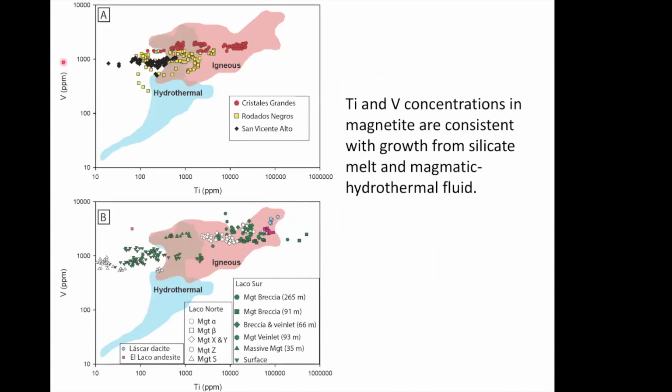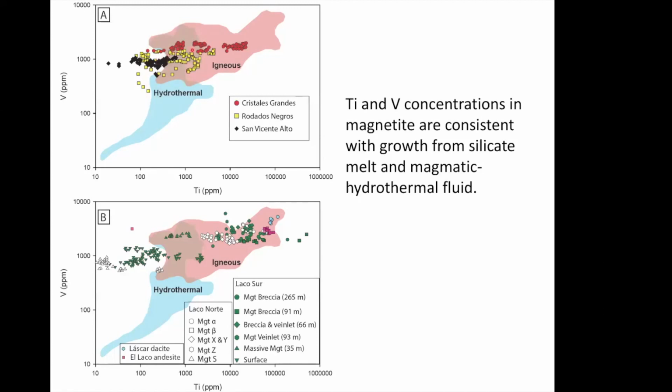Now I'll show you some other trace element plots. Here we've got vanadium versus titanium, and at the top I've got the data for three of the ore bodies. The background fields here: everything that I'm tracing out here in the pinkish color would be magnetite globally from igneous systems, everything I'm tracing out here in the blue would be magnetite from purely hydrothermal systems, and this overlap here is magnetite from magmatic hydrothermal systems.